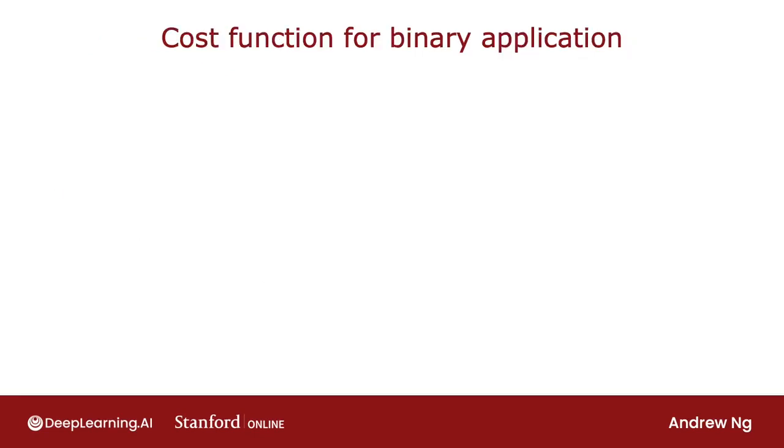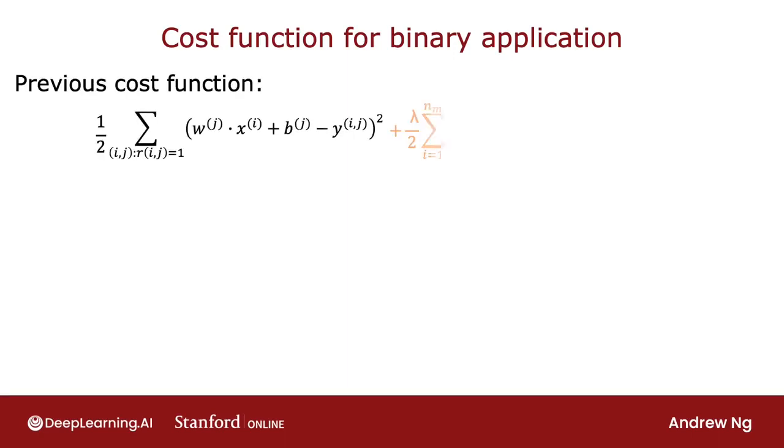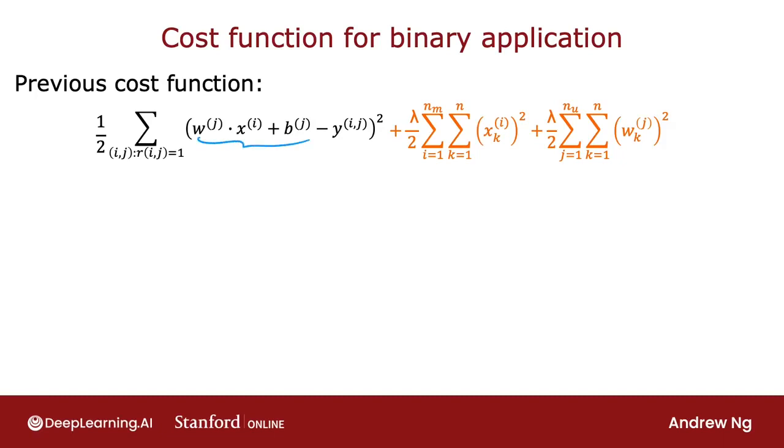In order to build this algorithm, we'll also have to modify the cost function from the squared error cost function to a cost function that is more appropriate for binary labels for a logistic regression-like model. So previously, this was the cost function that we had, where this term played a role similar to f of x, the prediction of the algorithm.